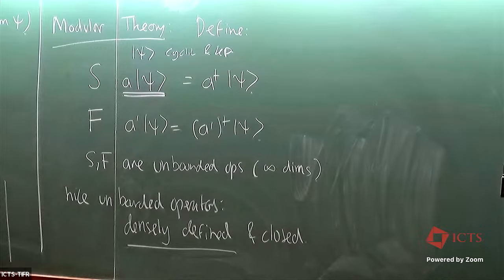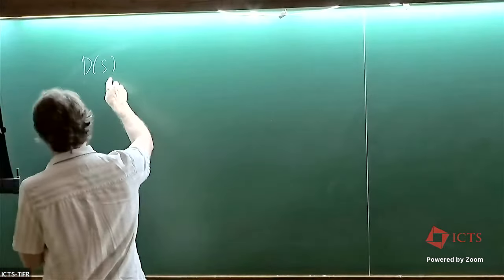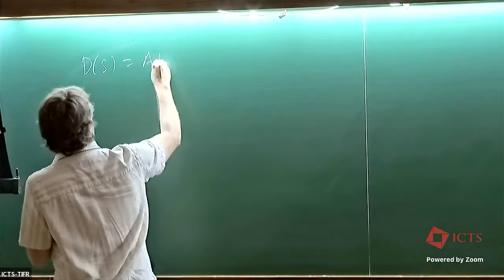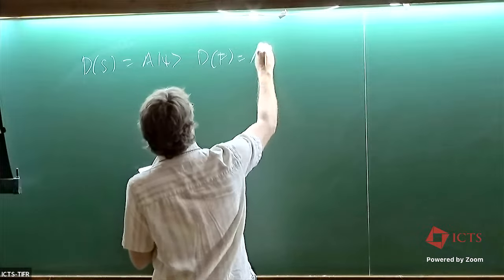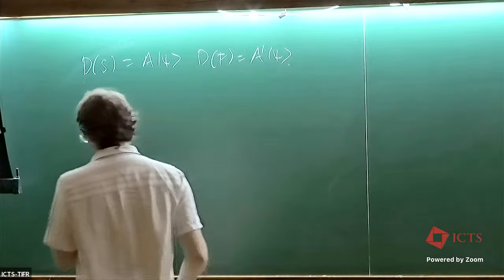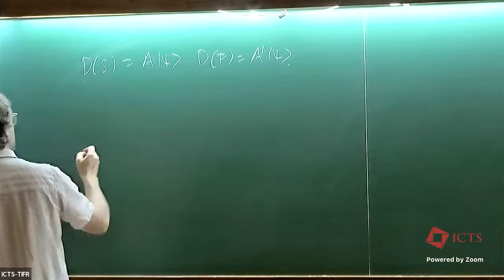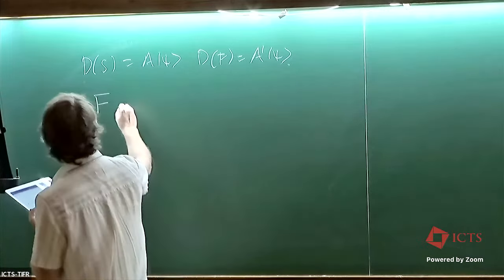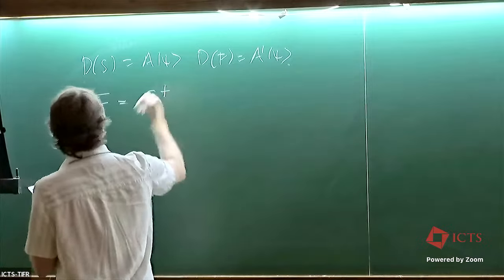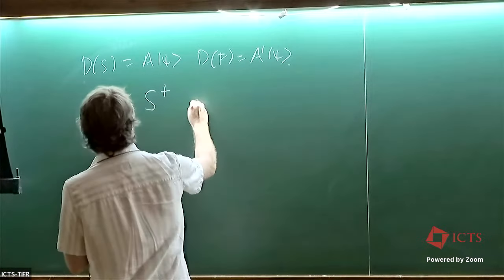In particular, they're densely defined, so we define their domain. The domain of S is A psi, and the domain of F is A prime psi. It's not hard to show that F and S are related: F is equal to the adjoint of S, at least on this dense domain.